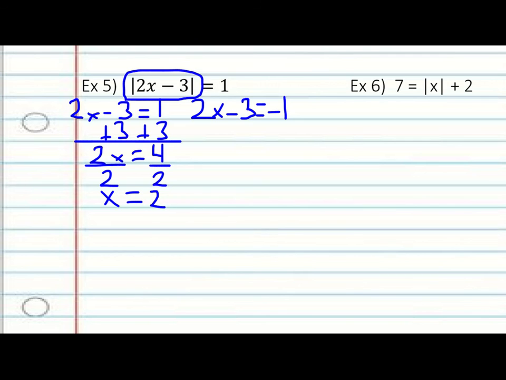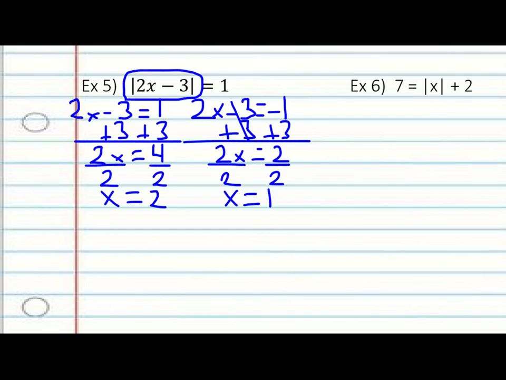Solving the second equation, I'm going to do the exact same process, but my one number is different. If I add 3 to both sides, I'll get 2x is equal to 2. When I divide by 2, x is 1. So my answers are 2 and 1.